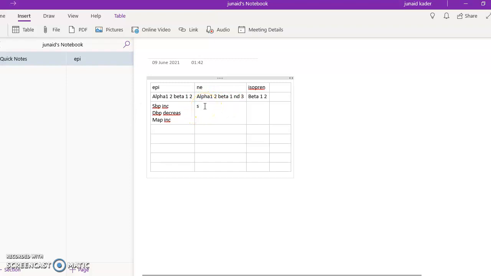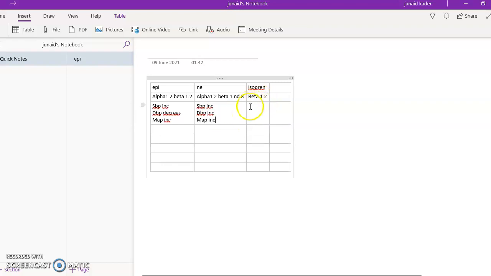So here systolic BP increases and diastolic BP also increases, so the mean will be a little bit above the normal.